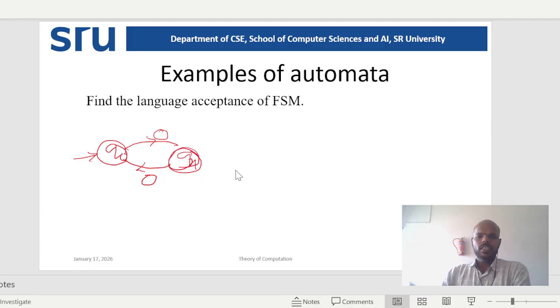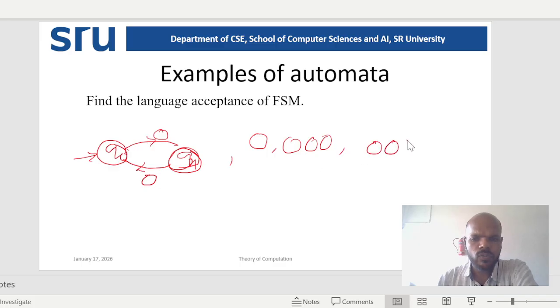So what is the language accepted? What is accepted? Write it down here. 0 is accepting, double 0 is not accepting. Triple 0 is accepting. For 4 zeros, check it: 1, 2, 3, 4, no; 5, yes. That means 4 zeros are not accepted, 5 zeros are accepted. So you can conclude 1 zero is accepting, 3 zeros are accepting, 5 zeros are accepting.